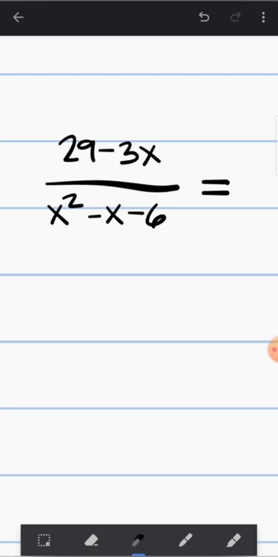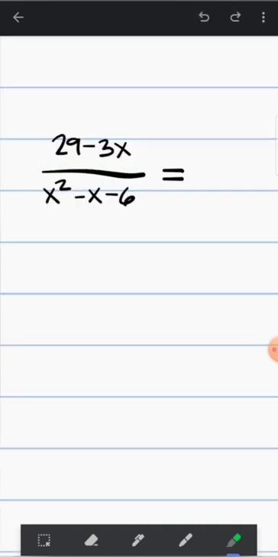Or in other words, if the denominator is x squared, then the numerator should be x to the first power or a constant. So the denominator here, as you can see, is x squared and the numerator is of linear degree. So linear over quadratic, so we're good to go.